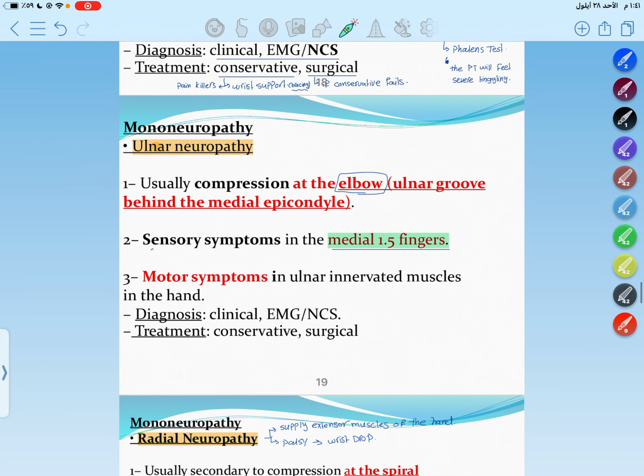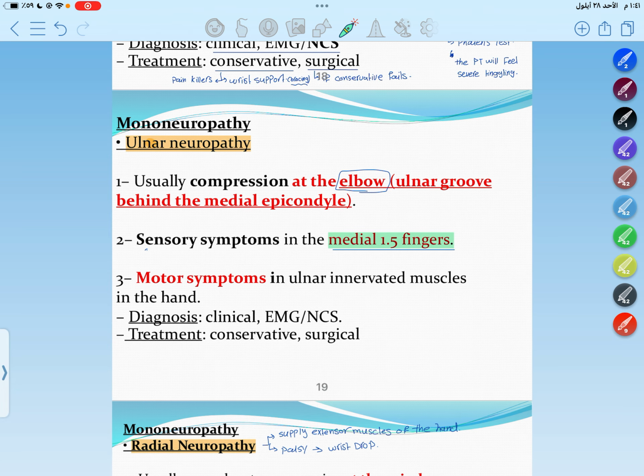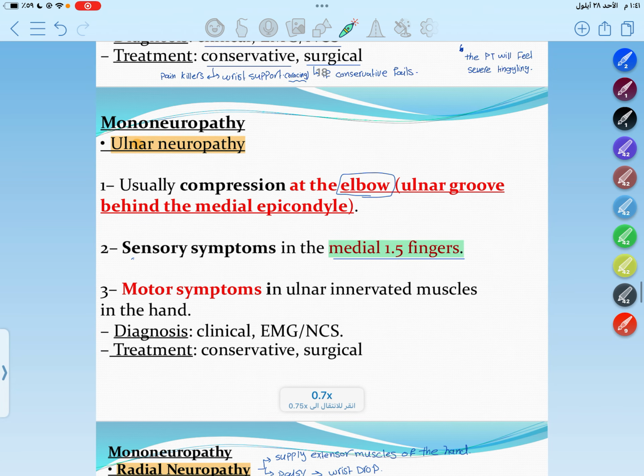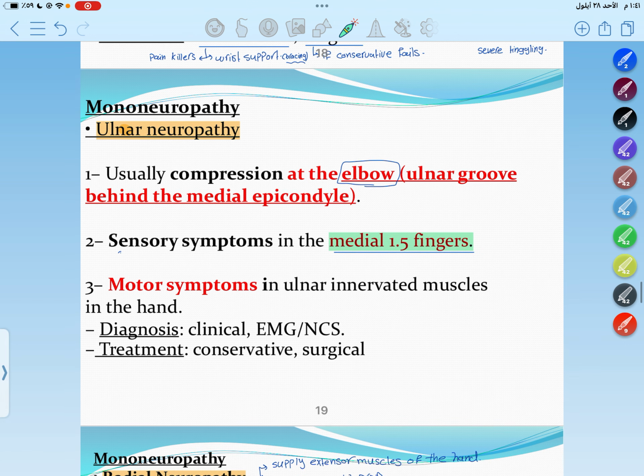That's the median nerve. The second nerve is the ulnar nerve. And usually the ulnar nerve compresses not at the wrist, but at the elbow, usually at the ulnar groove, behind the medial epicondyle. The symptoms are usually sensory, the numbness and tingling, at the medial 1.5 fingers.